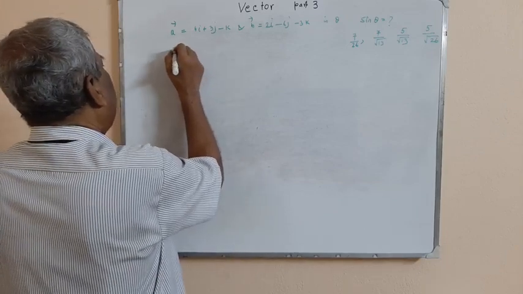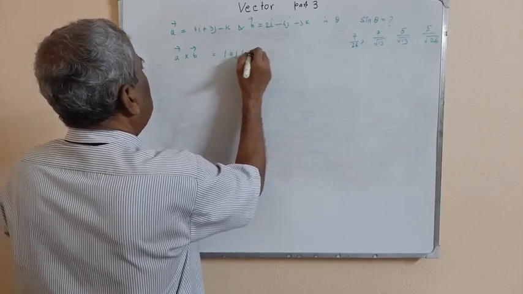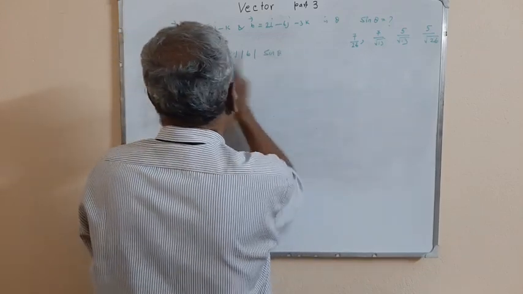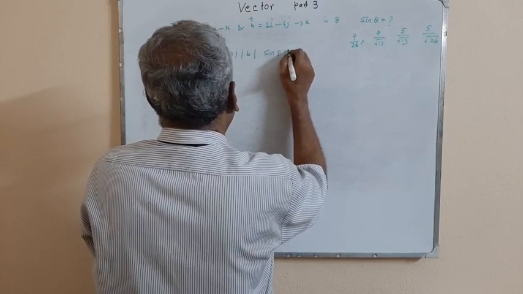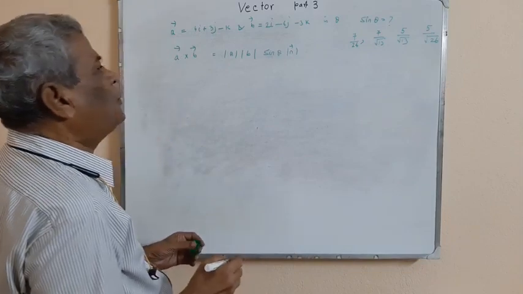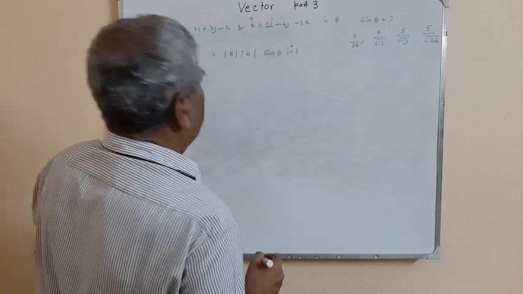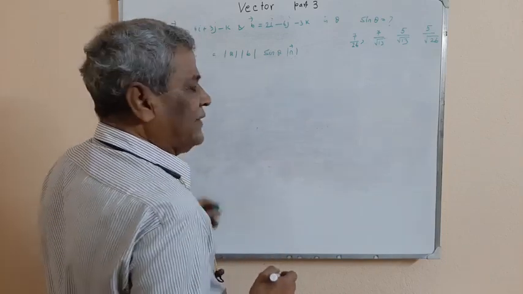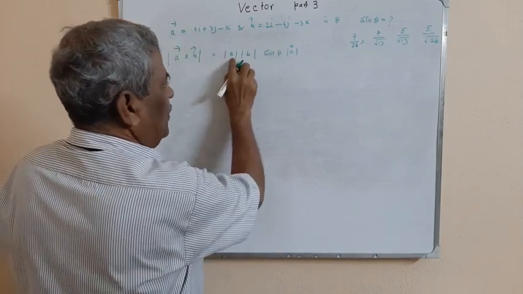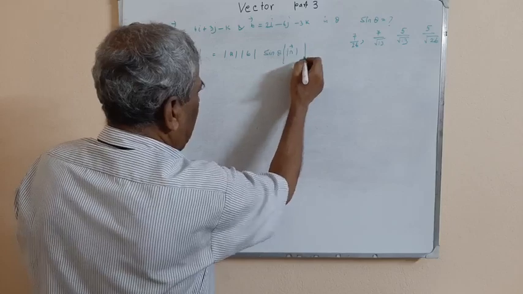We know that A cross B is equal to magnitude A, magnitude B, sine theta into n. n is the unit vector which is perpendicular to both A and B. So sine theta can be obtained, but a vector will be there. For that purpose, you apply the modulus. Sine theta is a magnitude and the modulus of n is 1.